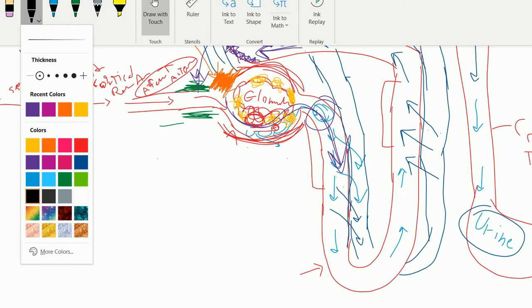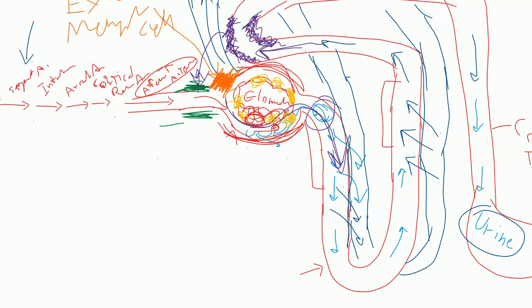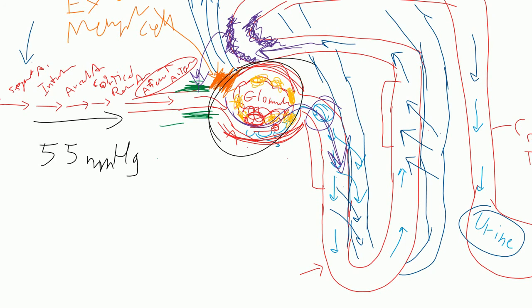So all right, the pressure that's coming in to the kidney is about 55 millimeters of mercury, and this 55 millimeters of mercury right here is gonna destroy your glomerulus. Your glomerulus is too delicate to handle that. So your JG cells, these guys here, play an important role in adjusting that to a certain degree.